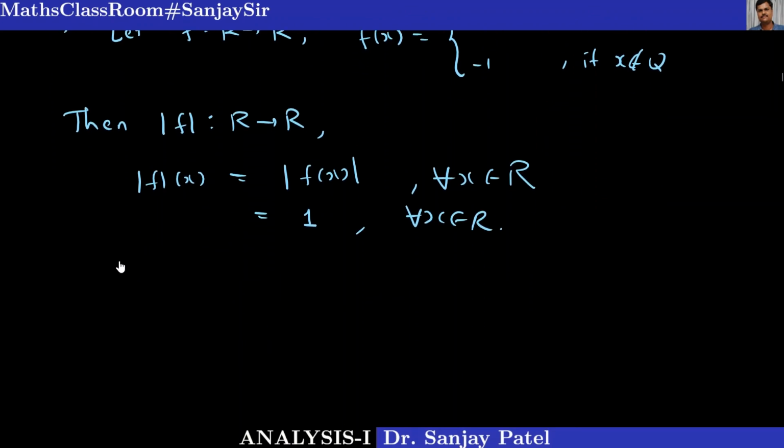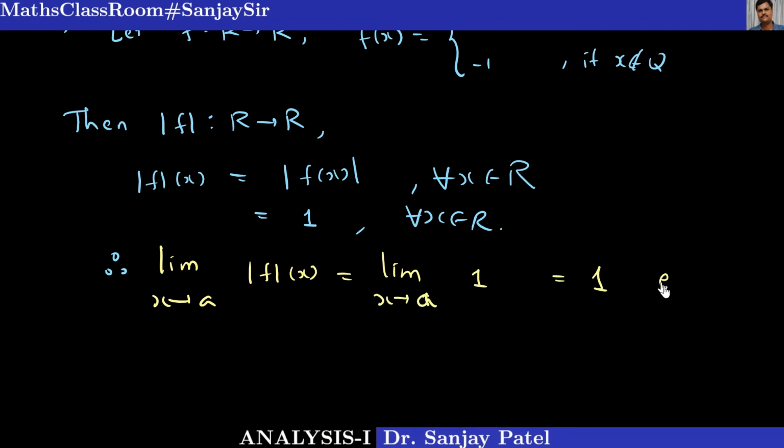So limit of this constant function exists. This limit exists for any point. So limit x tends to a, whatever a is, mod f of x, which is nothing but limit x tends to a of 1, is equal to 1. So this limit exists. But we know that limit of f(x) does not exist.